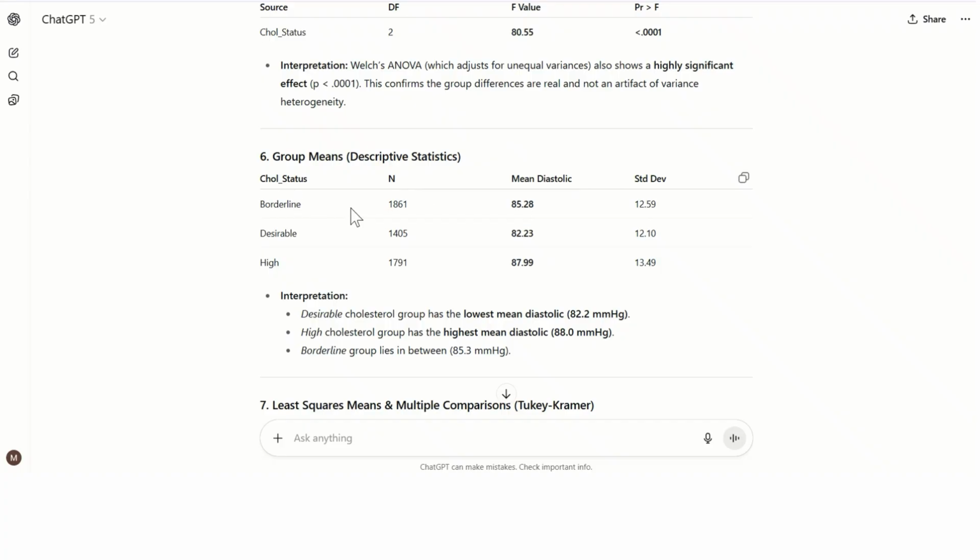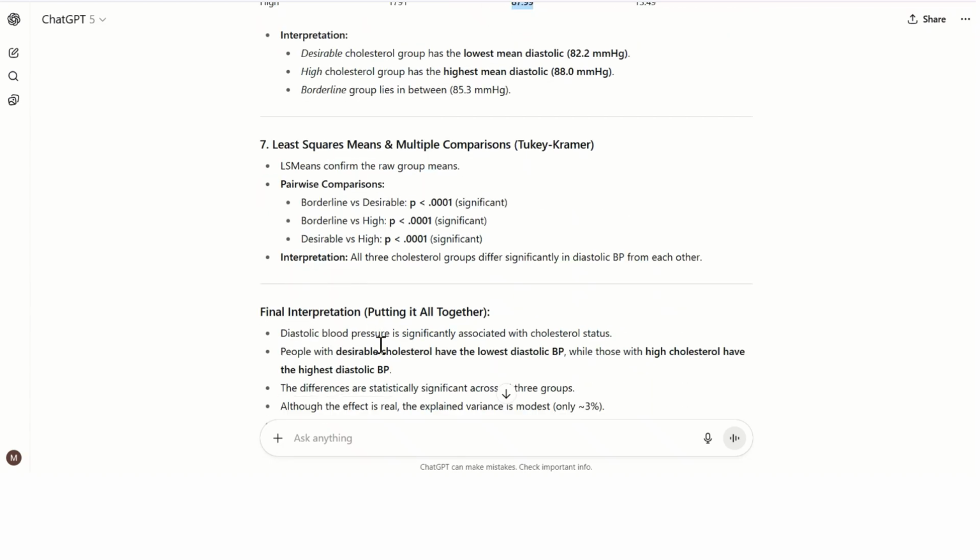We know that there were around 1,861 individuals who had borderline cholesterol, 1,405 had desirable cholesterol, and 1,791 had high cholesterol level. And here are their mean diastolic blood pressures: 85 for borderline, 82 for desirable, and we see the highest for those who had high cholesterol levels.